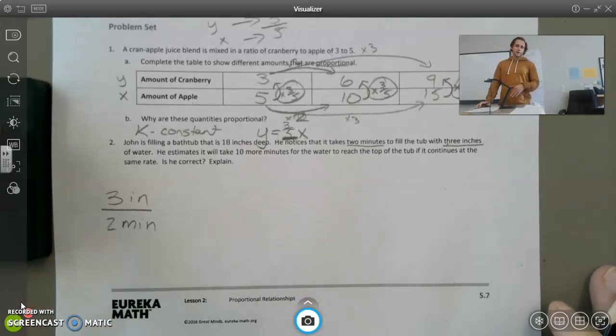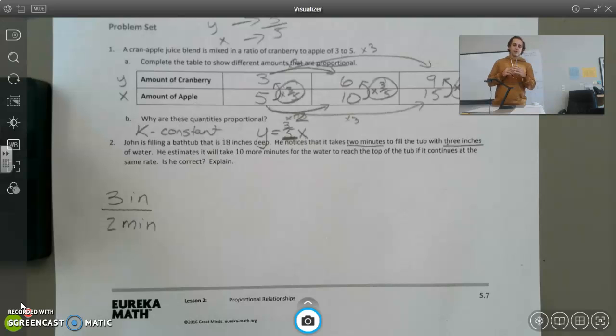And the big reason for that is that time is typically going to be your X variable. As you go forward in math, you're going to be thinking about how much per minute, how much per mile. Think about the rates that you know in real life. Miles per hour, time is the denominator. Meters per second, time is the denominator.